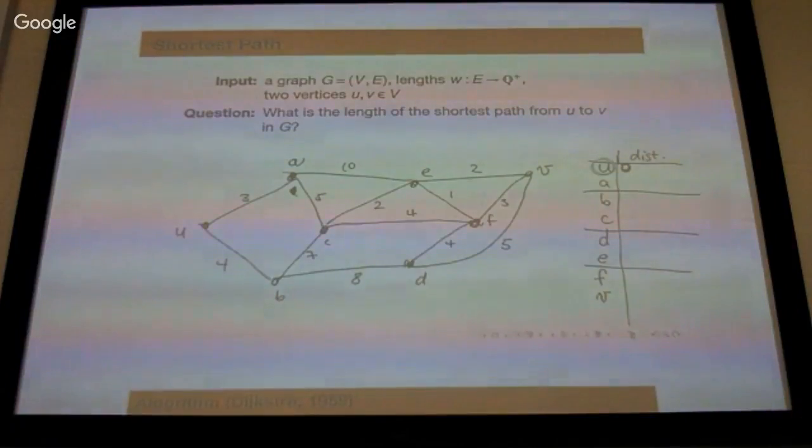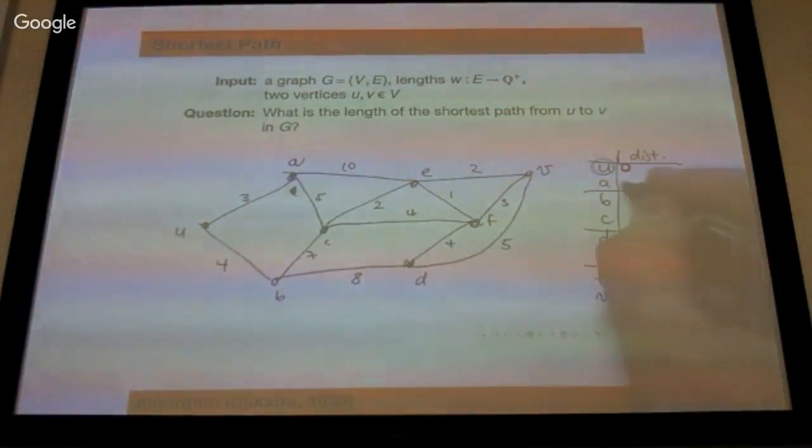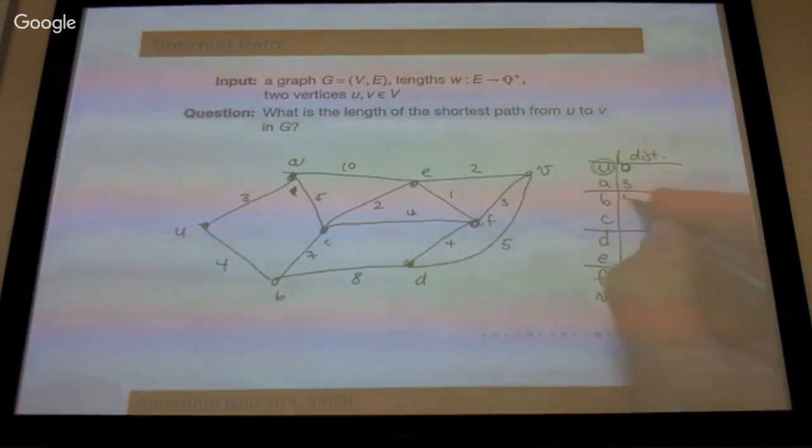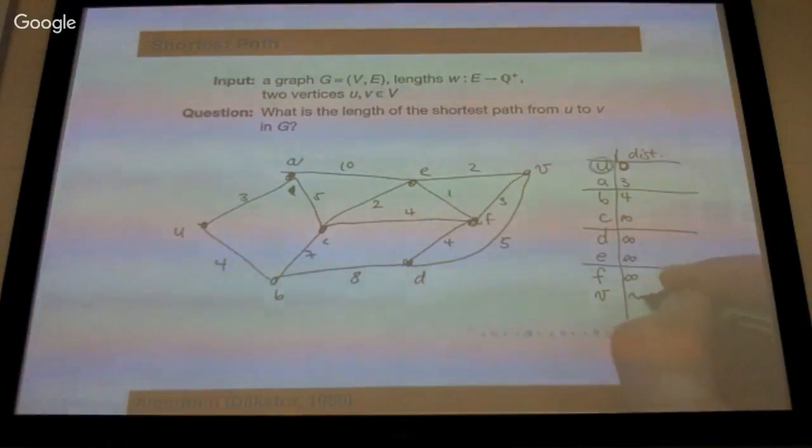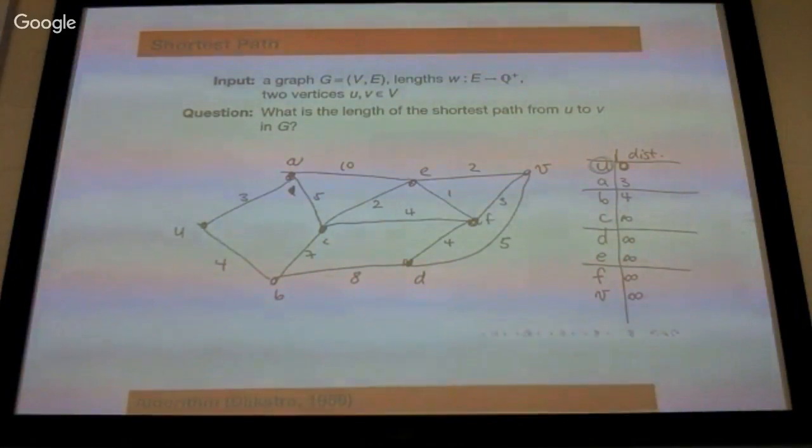And the neighbors, it says, well, A is in distance 3, I think, and B is distance 4, I think, and all these I don't know, so I'm thinking they're in distance infinity, for lack of better knowledge. Okay, this is how the algorithm starts.